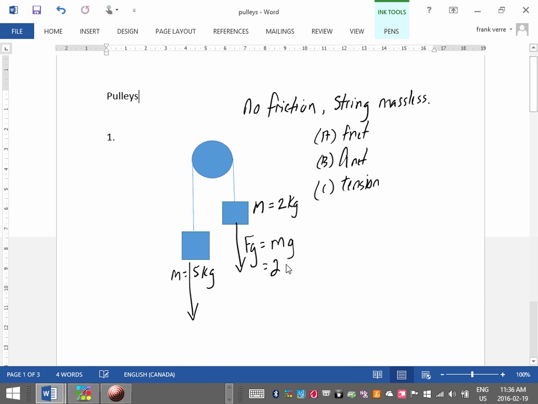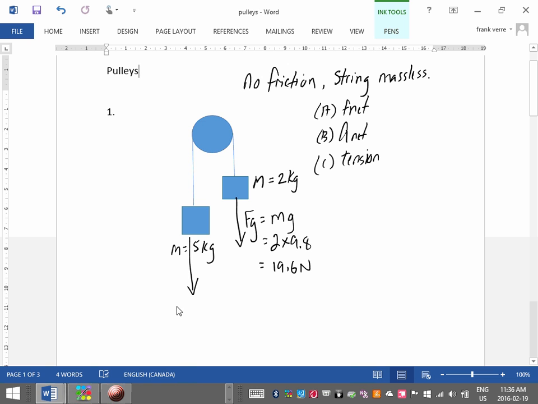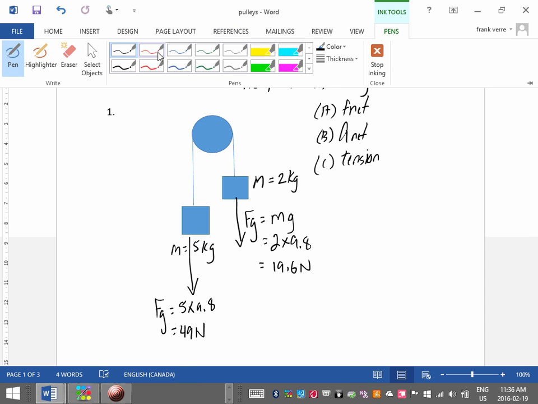So this side will be 2 times 9.8, which is 19.6 newtons. On this side, it's going to be 5 times 9.8, which is 49 newtons.